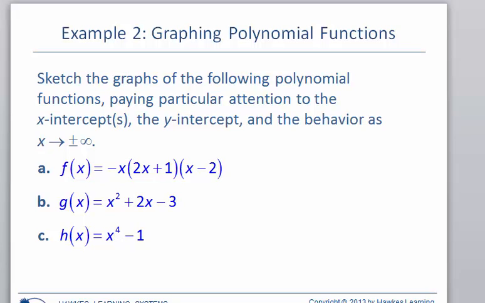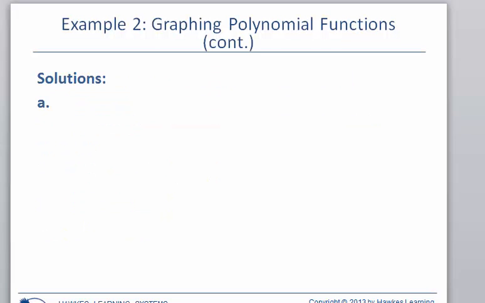Okay, so let's start with part A. Our part A function is f of x is equal to negative x times 2x plus 1 times x minus 2.